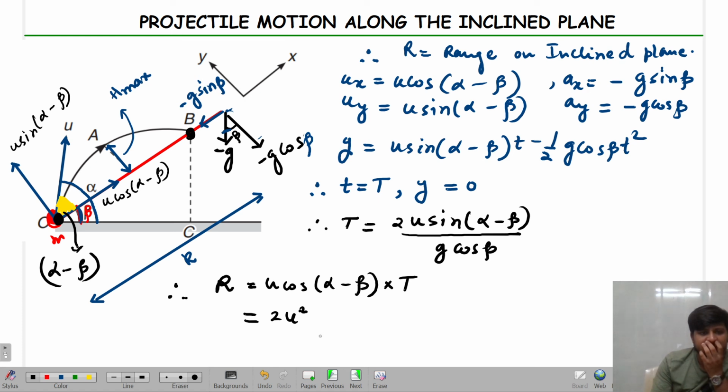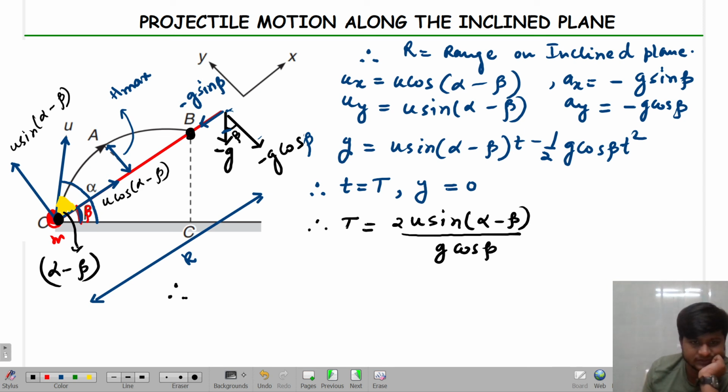One thing is there, guys. Wait. What I will do is first I'll write the x equation. So look over. What is the x equation? u cos theta.